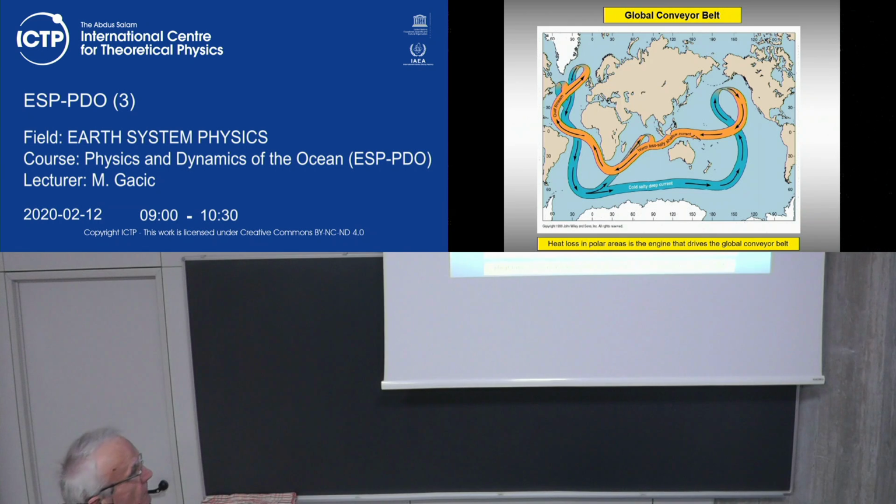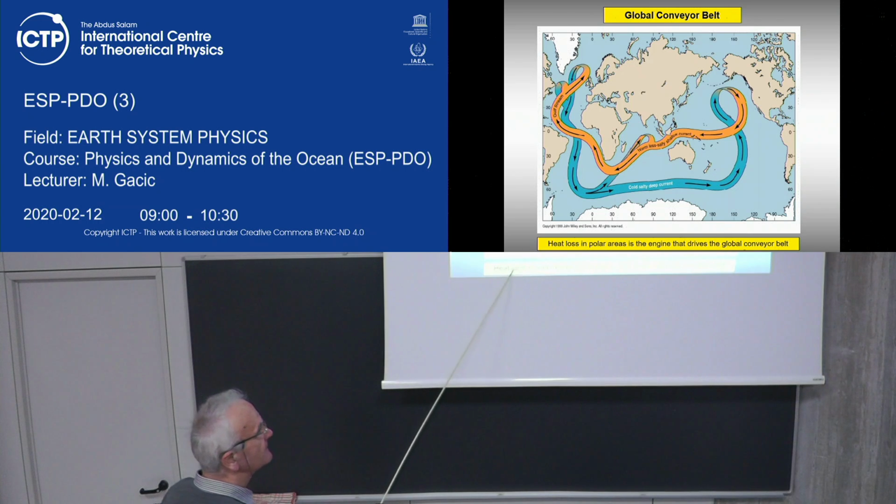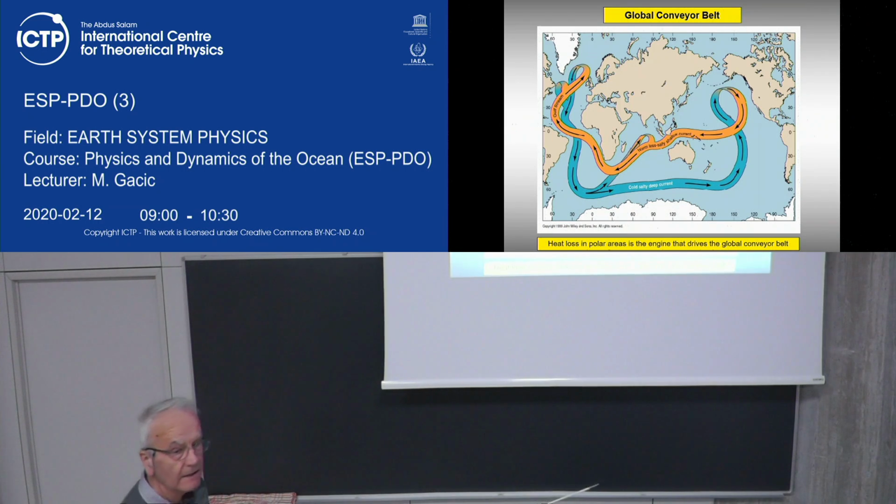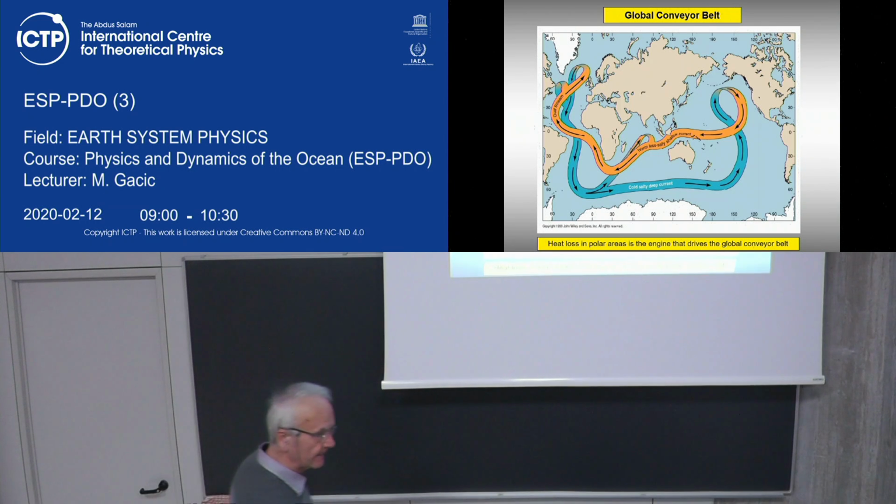And so this is how heat loss is the engine that drives the global conveyor belt. It is a heat engine situated in the northern Atlantic, simply because the Atlantic is geographically open to the north, to the northern polar areas.